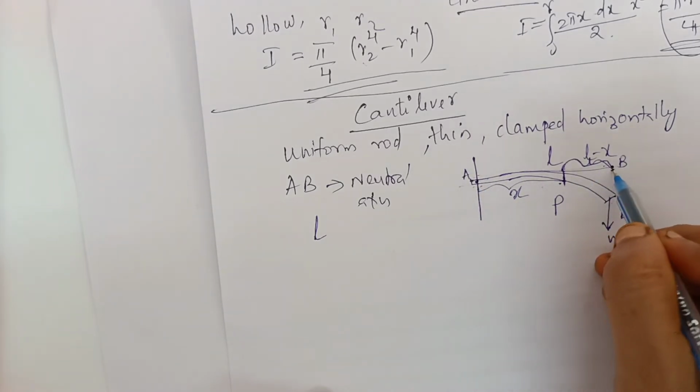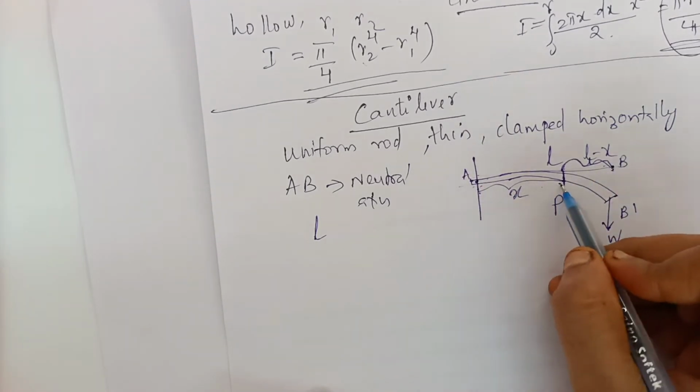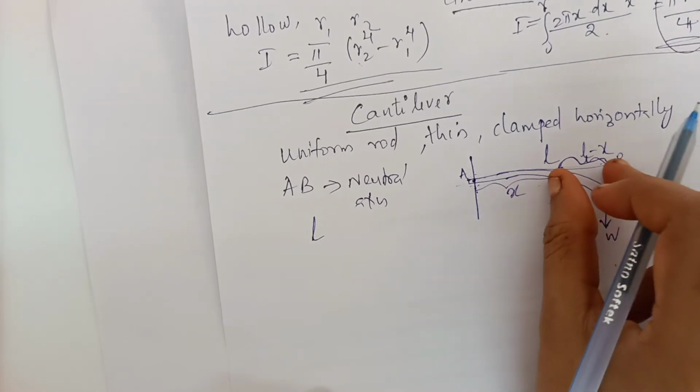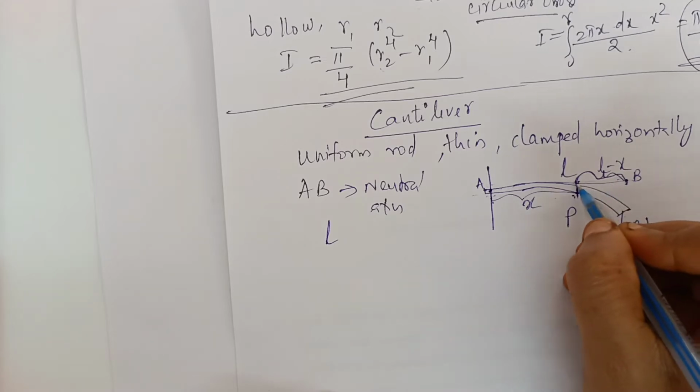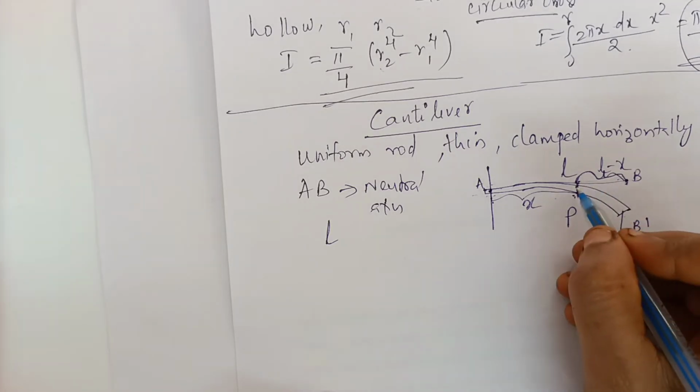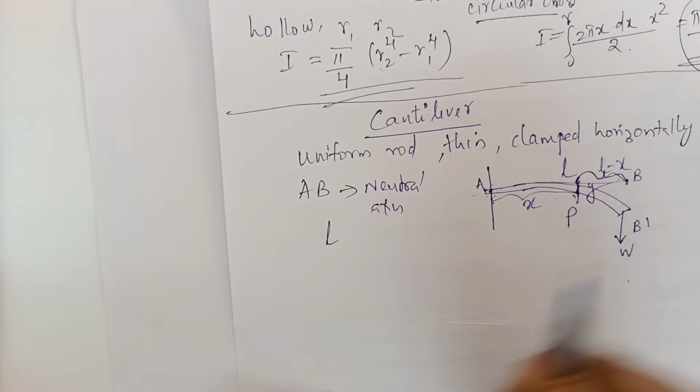Total AB is L, AP is X, so the remaining part is L minus X. And let the distance from here be Y.